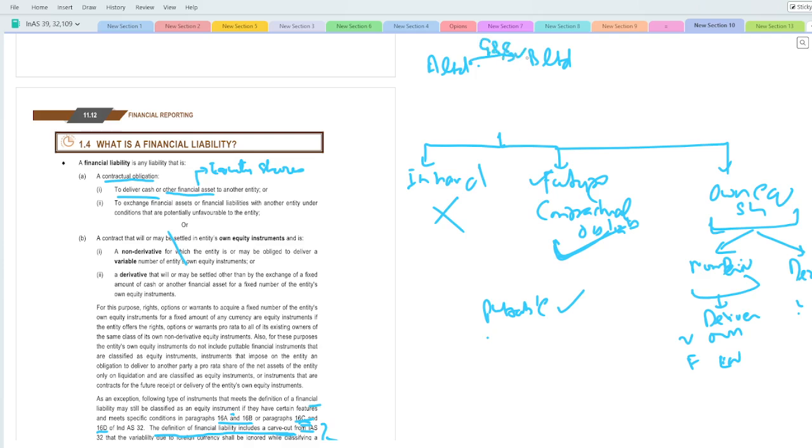This leg is completed, and after 2 months B Limited, after using these goods or services, will pay the amount in cash. So this is completed and this is pending. For A, it will be a financial asset, in particular debtors, and for B, it will be a financial liability.